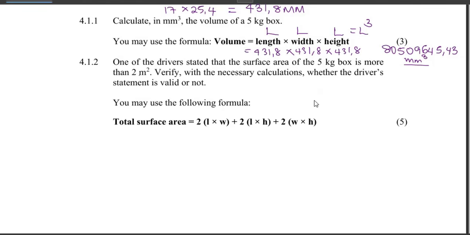By the units that we have, 431,8 is in millimeters. Change it to meters before you start. And it will give you 0,4318. These are meters. You may leave it like this and round off at the end.